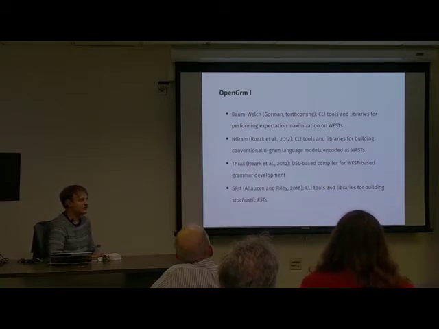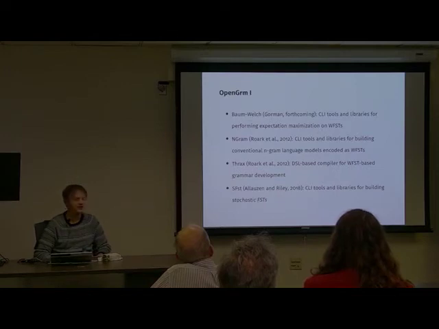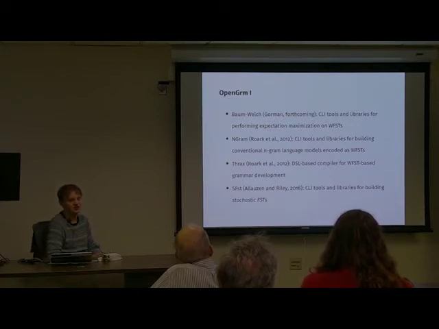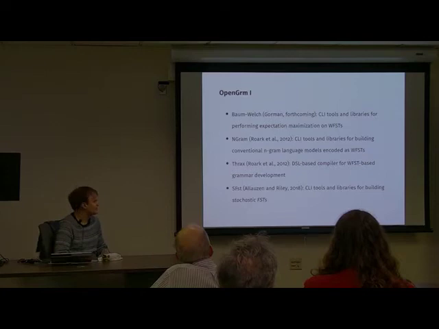We also have something you may have heard of called Thrax. Thrax is a domain-specific language compiler for WFST-based grammar development. So you write very terse regular expression-like grammars, and you can build the FST out of them. Finally, there's something called SFST. That's not the SFST you had in mind, I think, which builds what are called stochastic FSTs.